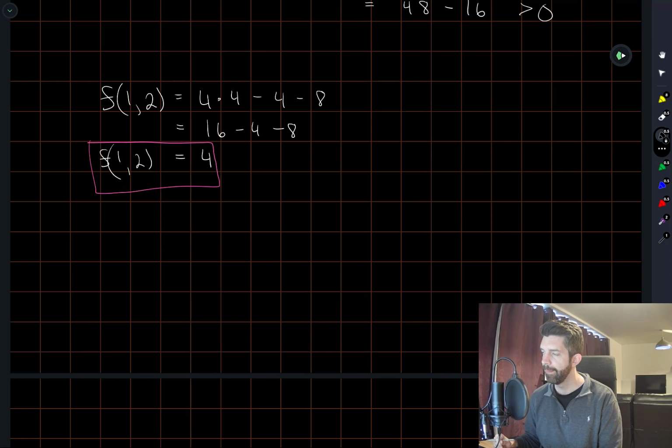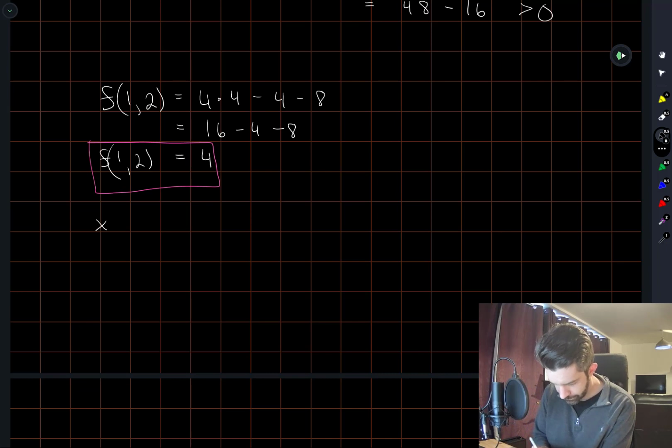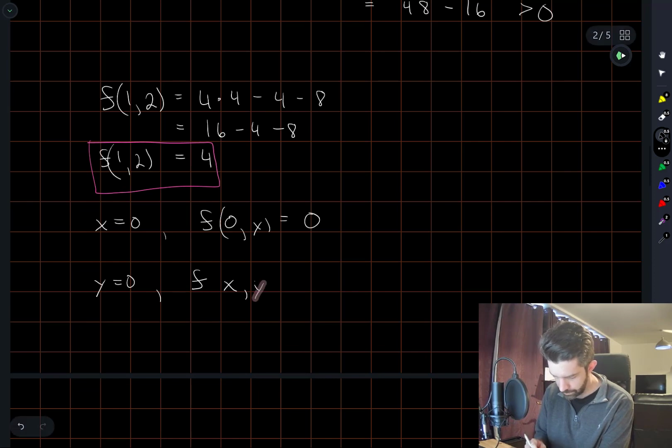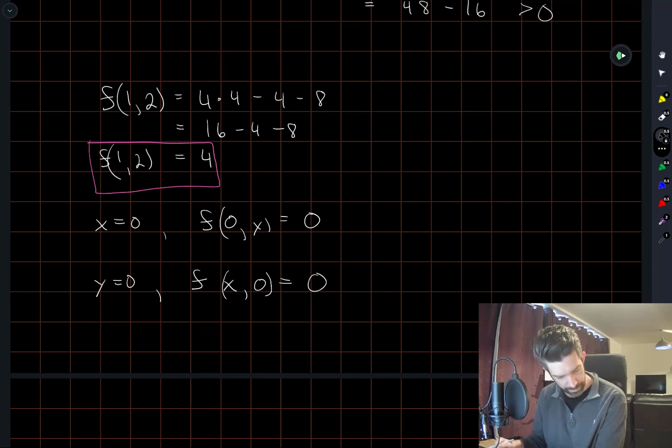Okay, so x equals 0, this gives, so f of (0, y) is equal to, well, it's equal to 0 everywhere. Okay, when y is equal to 0, f of (x, 0) I believe also gives us 0 everywhere.